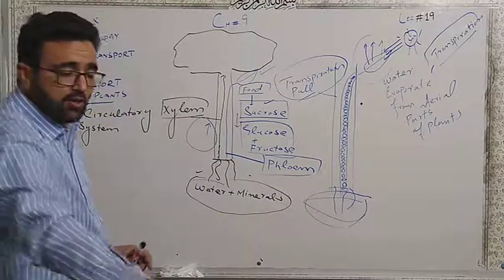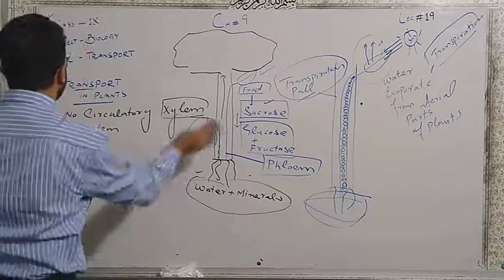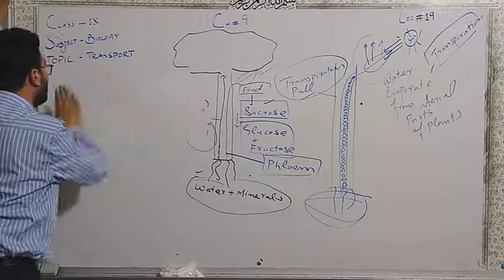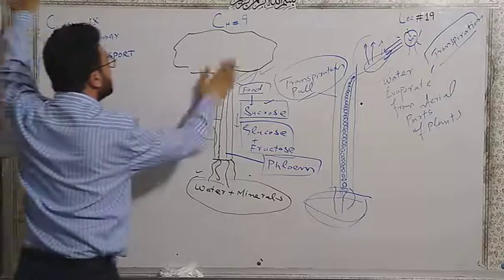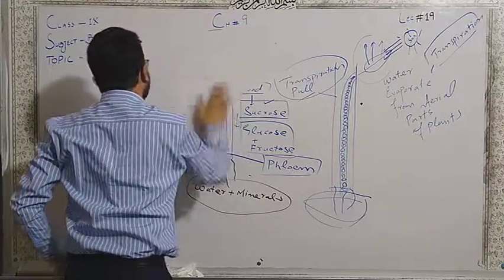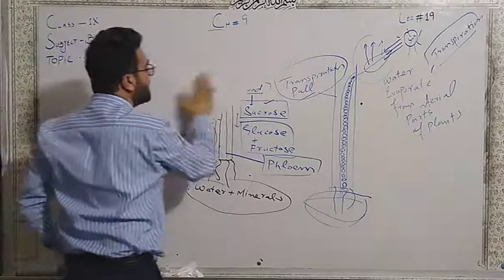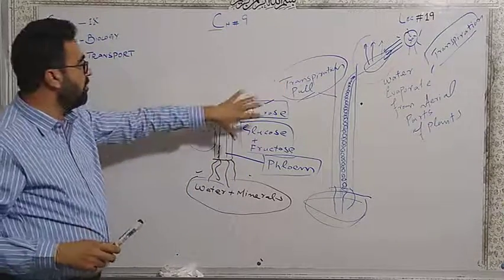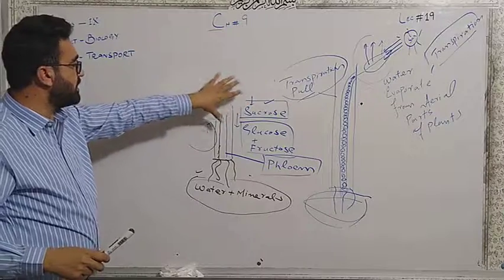Now I am coming to the process of transpiration. What is transpiration, what are the different factors that affect the process of transpiration, and then what is the significance of this transpiration process. I have just given you a background of the transpiration process.